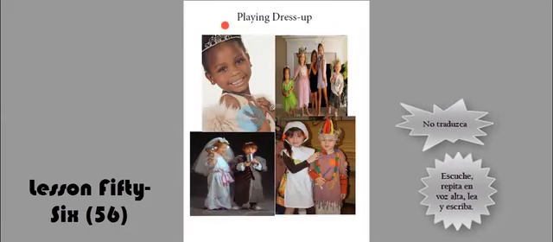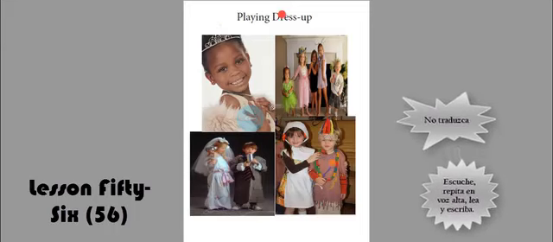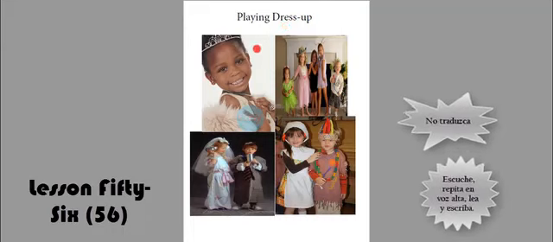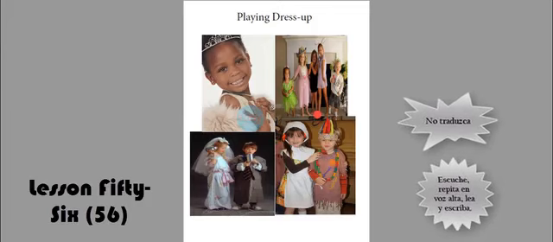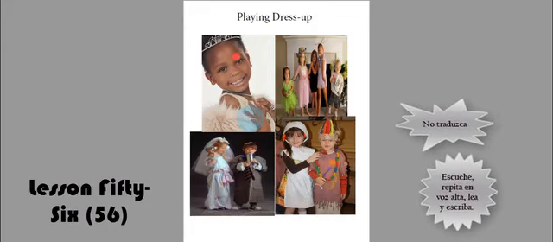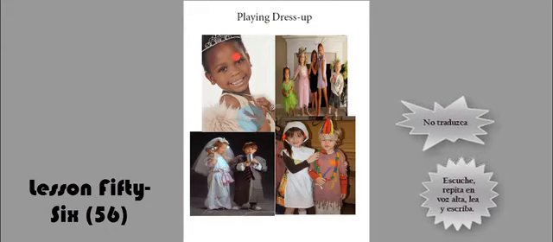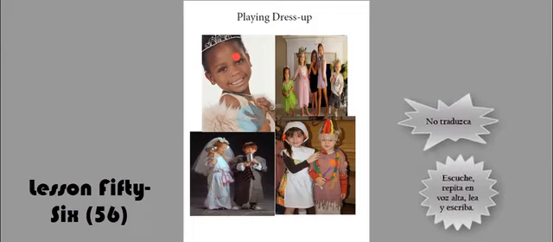In this picture, I am illustrating how children play dress up. These are some children playing dress up. You can see that they wear special clothes, and they pretend to be adults. In this case, for example, this little girl is pretending to be a queen, probably.